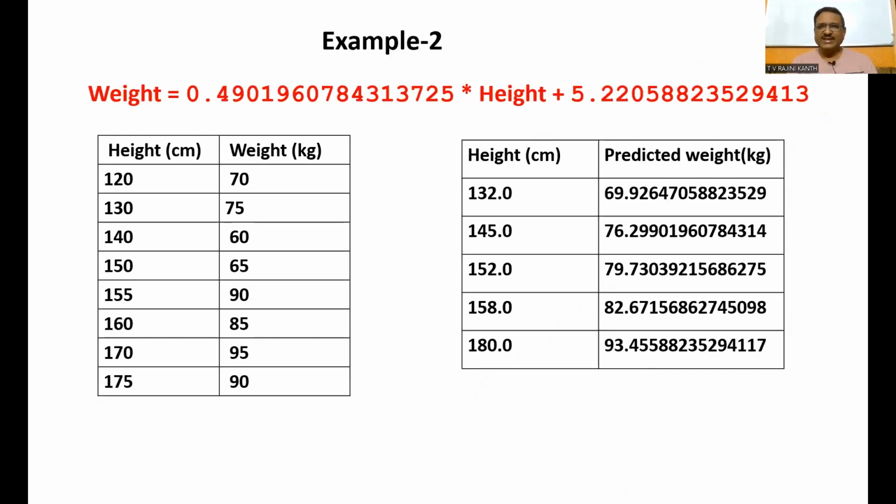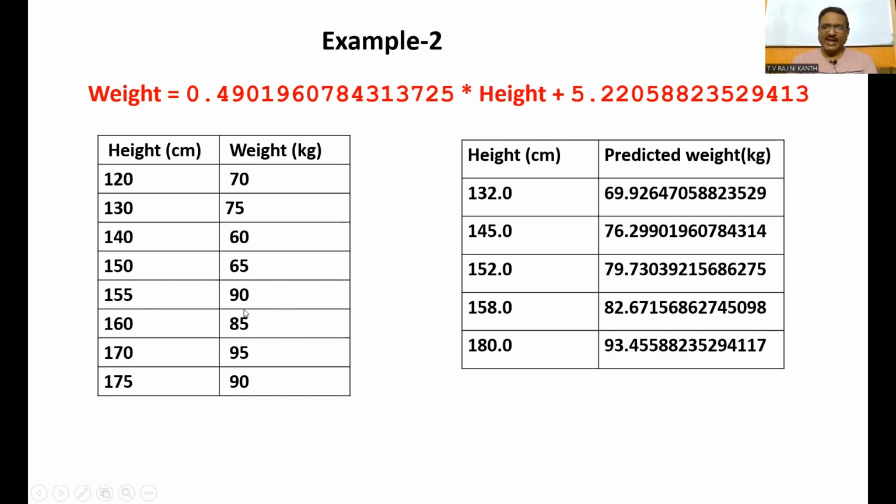Now, the second example I am taking is closer to real time. Sometimes a person has lower height but more weight, and sometimes more height but less weight. So these are the cases we are considering: 140 centimeters with 60 kilograms weight, 120 with 70.